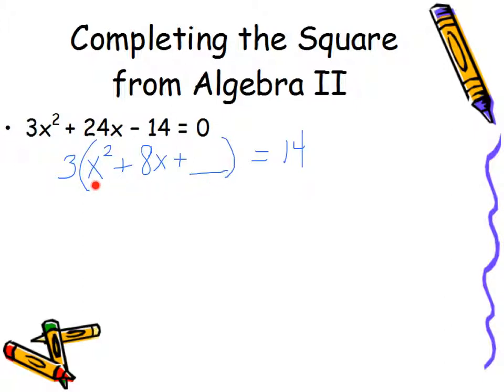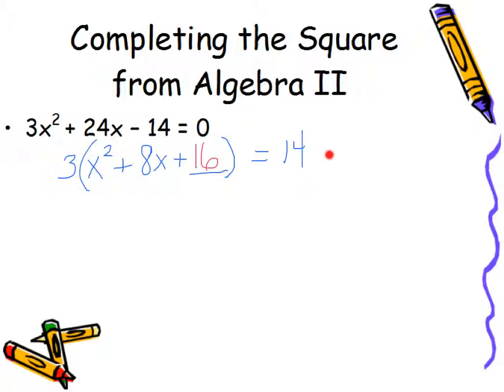To find that number, we always took half of your middle term, half of 8, and then square it. So half of 8 is 4, squared is 16. So I'm actually going to put a plus 16 right here. Now, the one thing that you have to watch out for is this is an equation and it's supposed to stay balanced, so I can't just randomly stick a 16 here and not do the same thing on the other side of the equation.